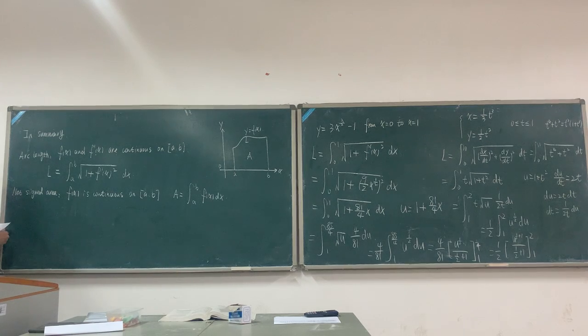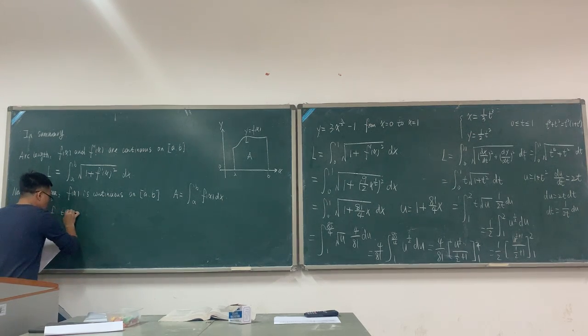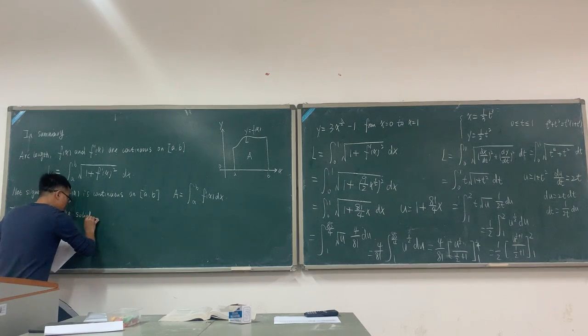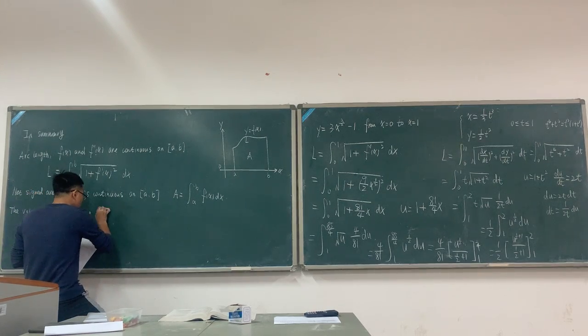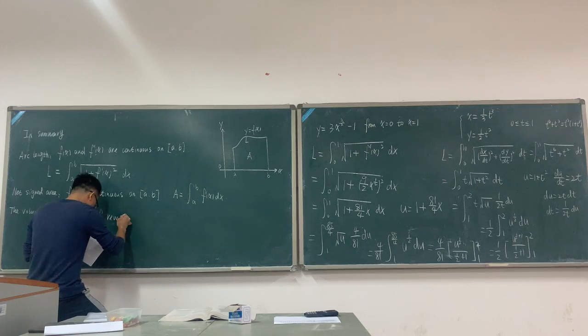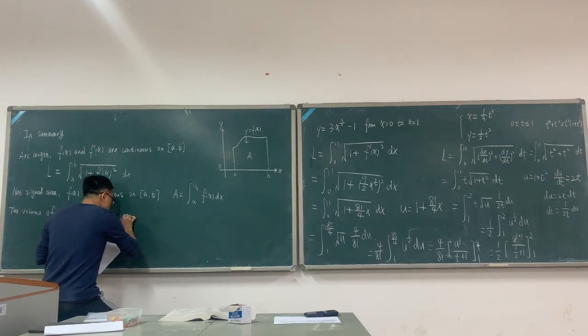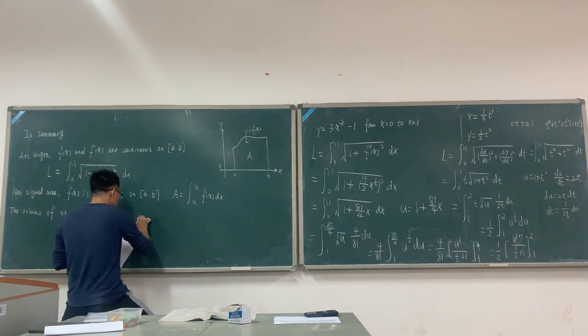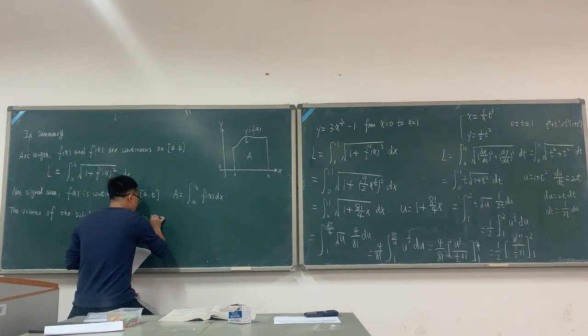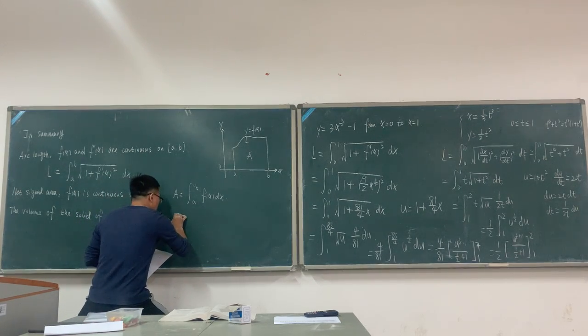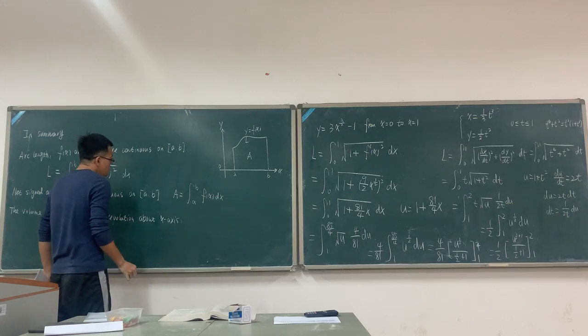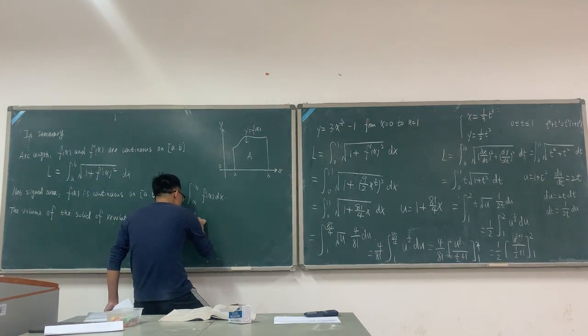The third is the volume of the solid of revolution about the x-axis. We denote it by Vx.